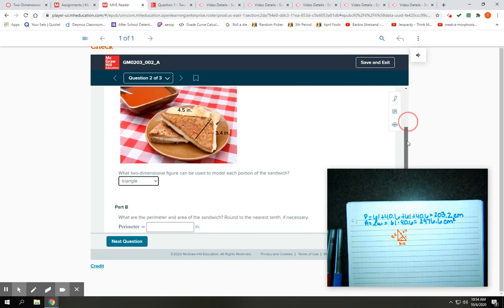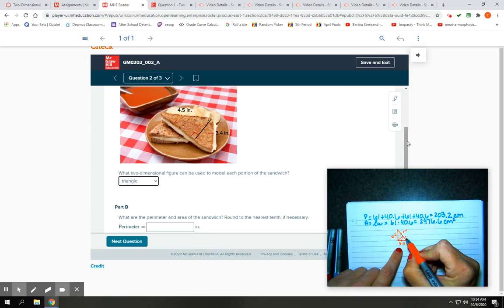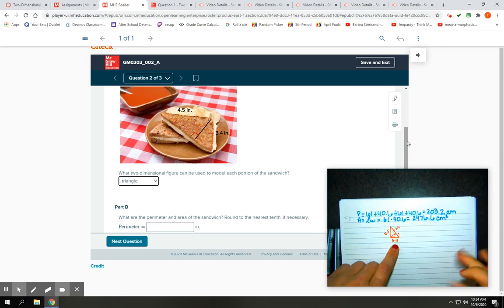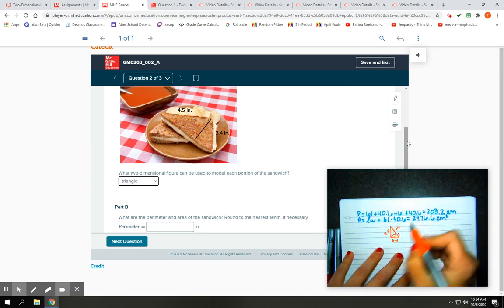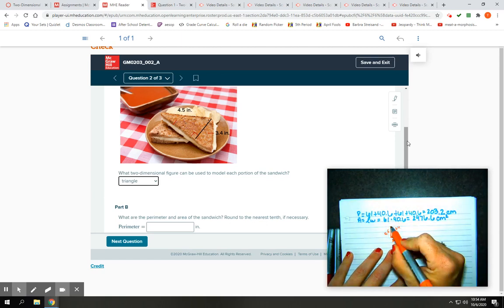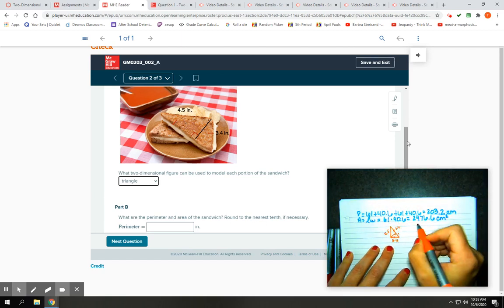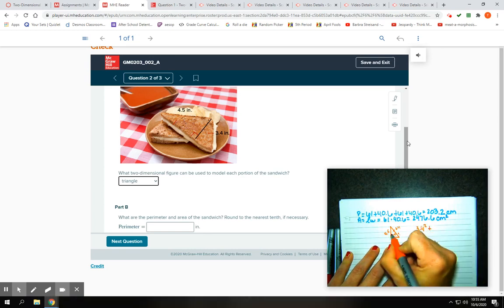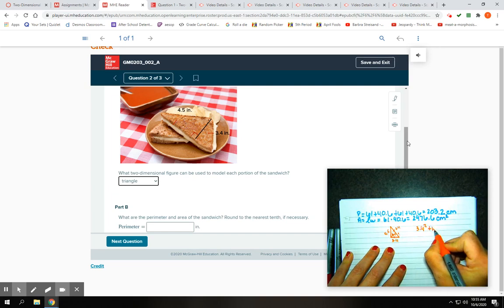All right. So to find the perimeter, first I have to figure out what this little unknown length is. So I'm going to start taking my long route here. I do know that this is a right triangle up top here. So I know that 3.4 squared plus, I'm going to call this h for height, h squared has to be 4.5 squared.